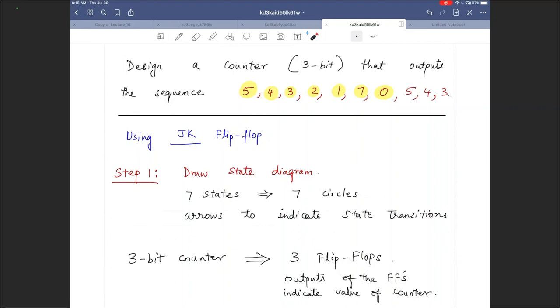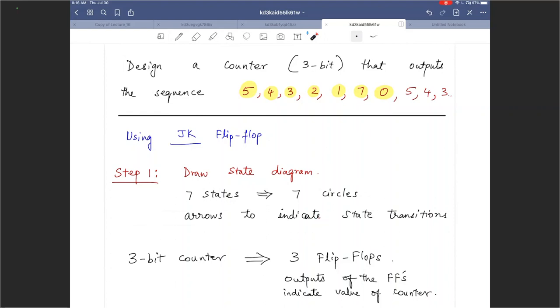So the first thing that we did was we drew a state diagram for which we used circles to indicate states. In this case, we have 7 unique states. So we drew 7 circles. And then we used arrows to indicate the state transitions, so one state to the other.